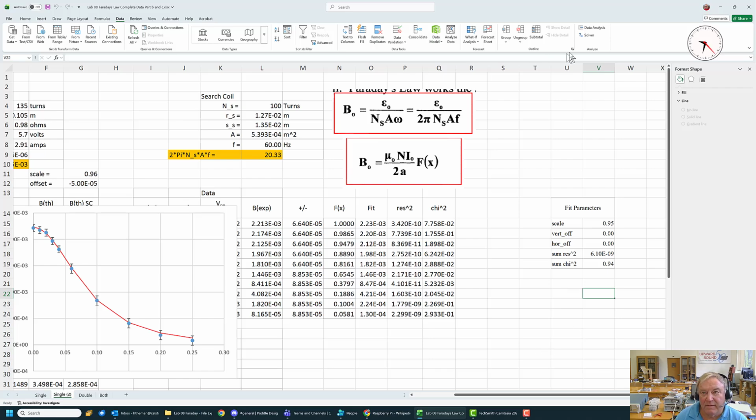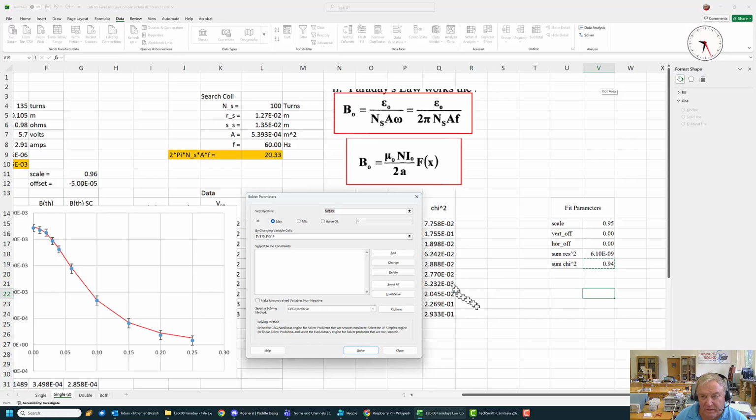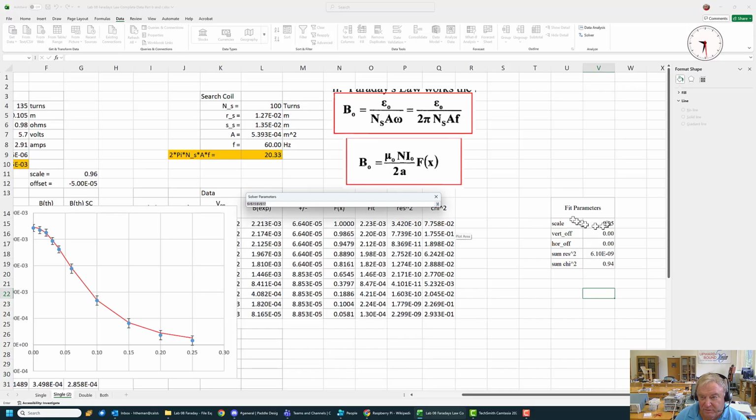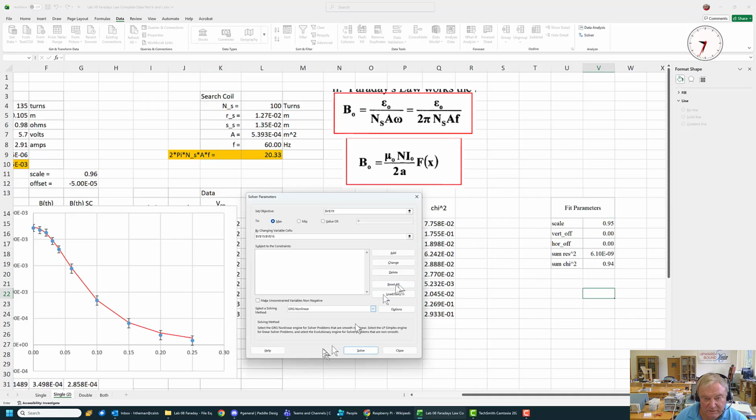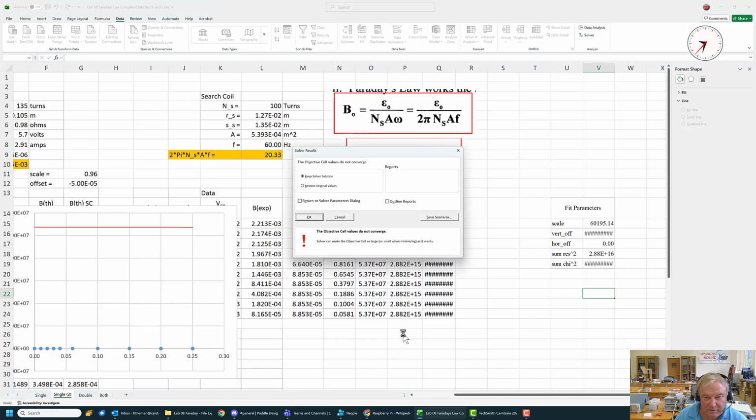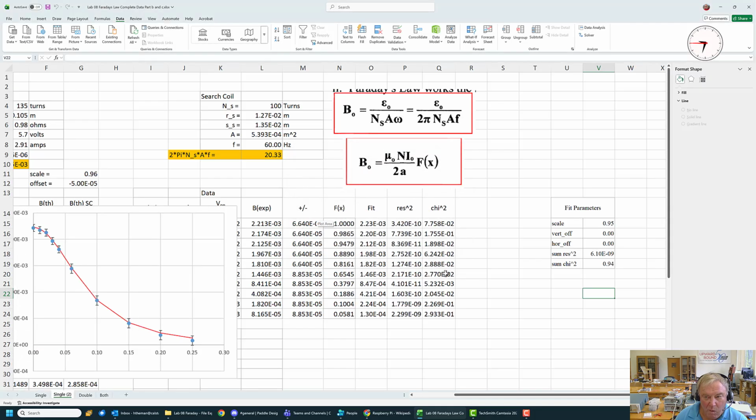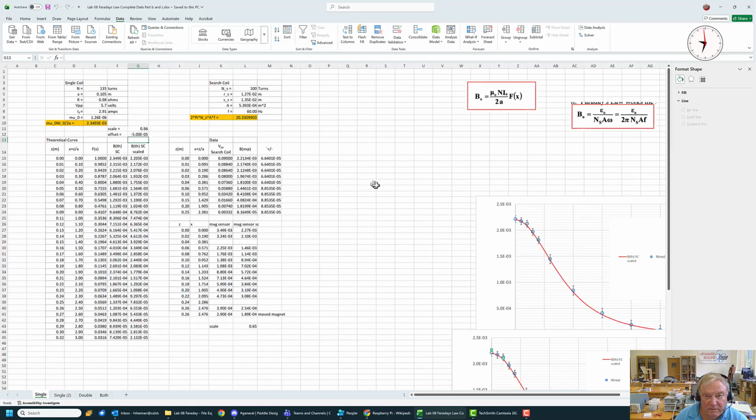Okay. Let's try solver, but now we'll just stick with the original scale and vertical offset and solve. Oh. What happens? Okay. Wonder what happens. Let me check and see. Oh, I just did it by hand here, I think.